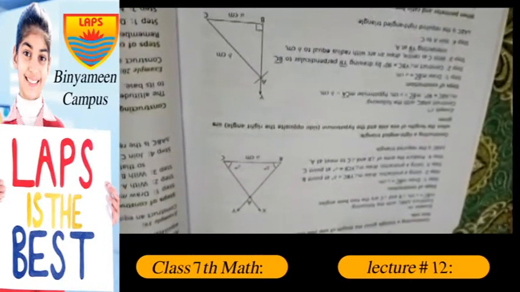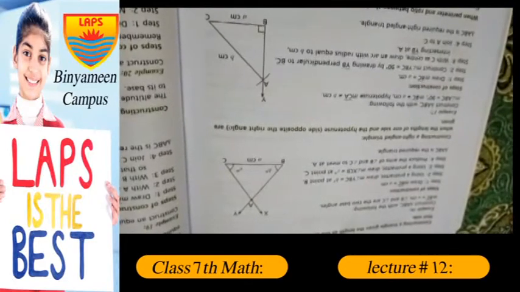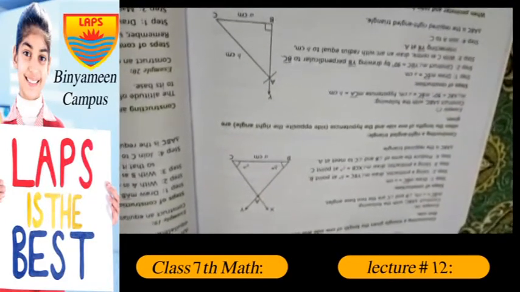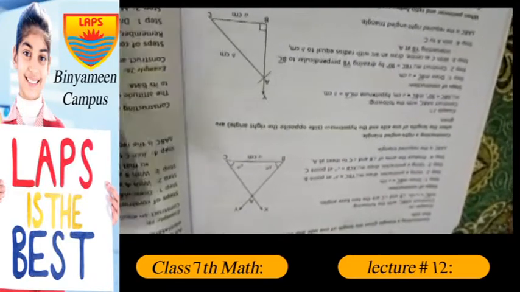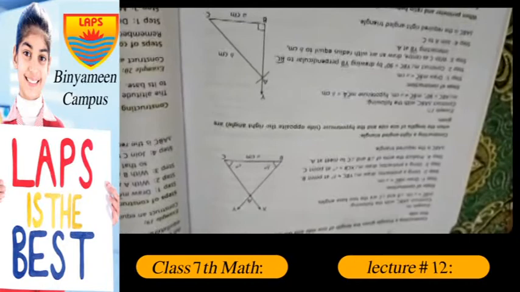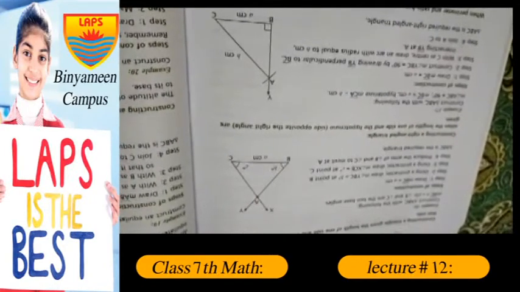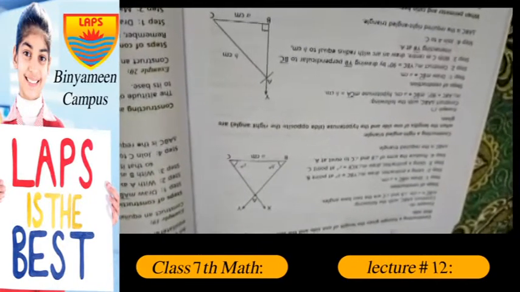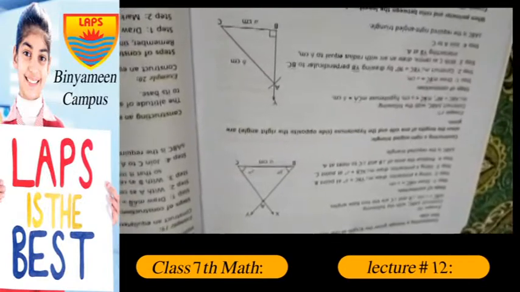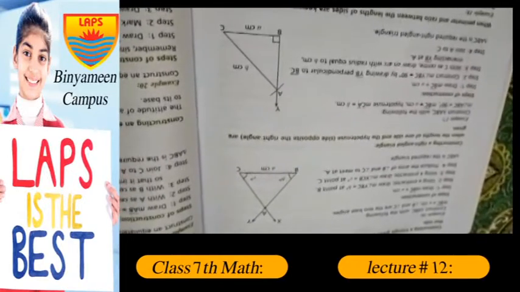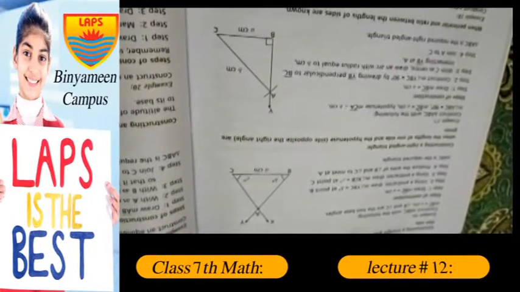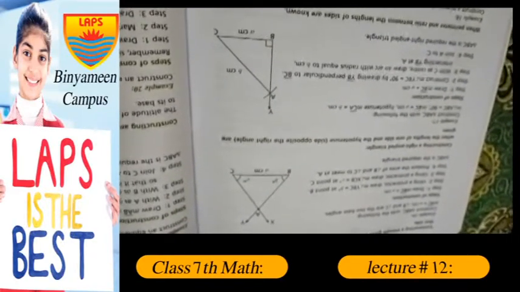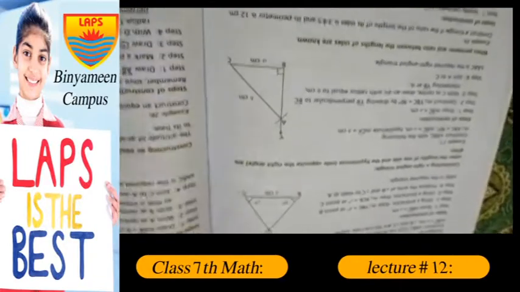Step 2, using a protractor, draw angle YBC equal to the given angle at point B. Step 3, using the protractor, draw angle XCB at point C. Step 4, produce the arms of angle B and angle C to meet at A. And triangle ABC is the required triangle.